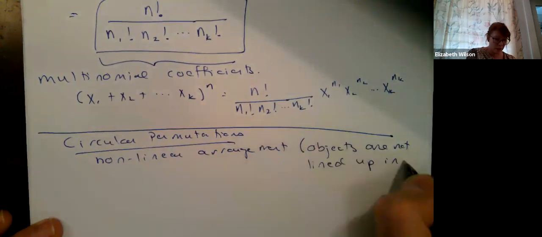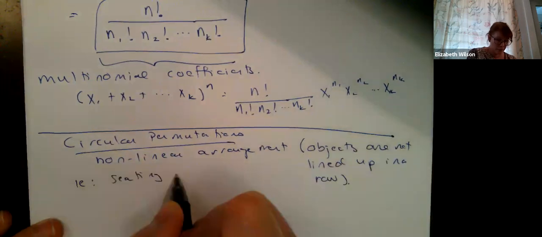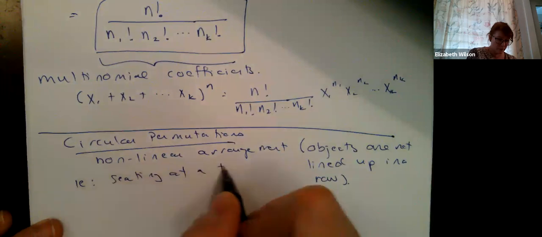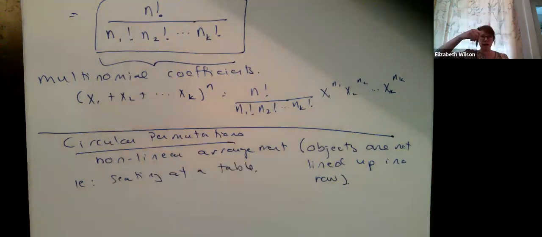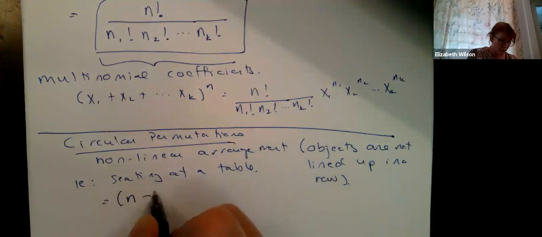So you can think about seating at a table. I've got a round table and I've got like 5 people who are going to sit there, but it's circular, right? Because this person here is sitting next to the person next to them. When I have a circular permutation, the number of possible combinations is n minus 1 factorial.